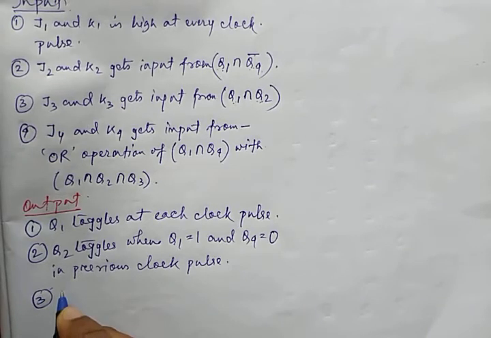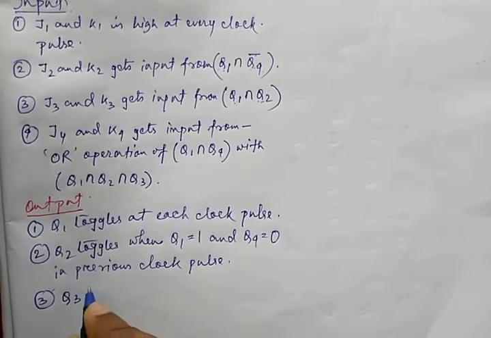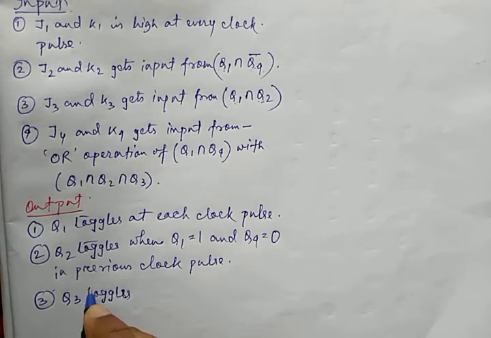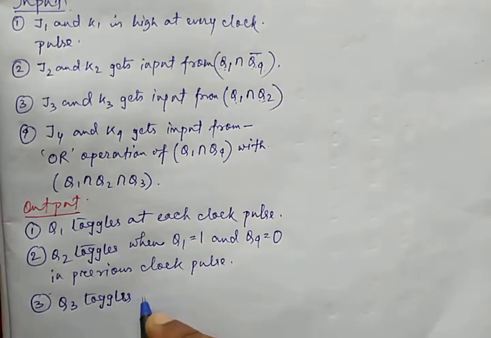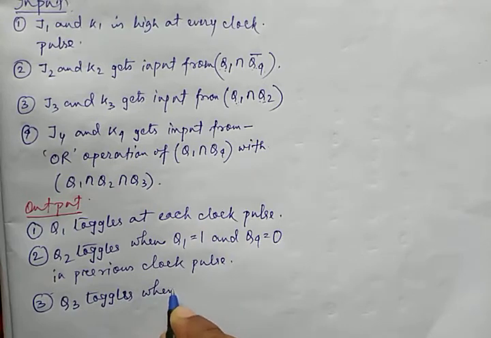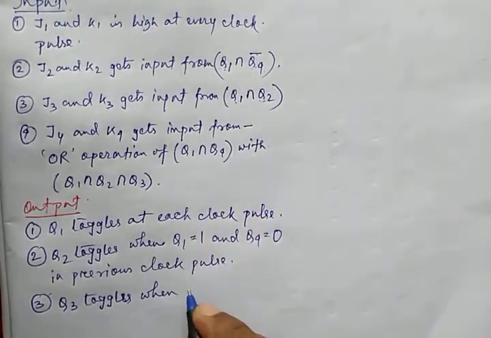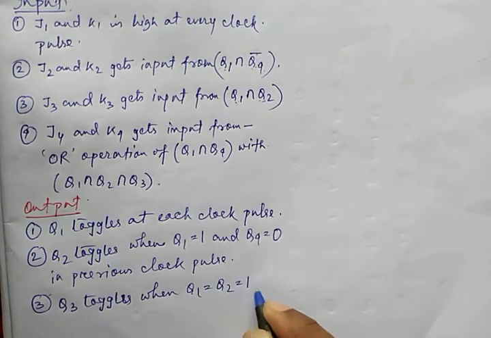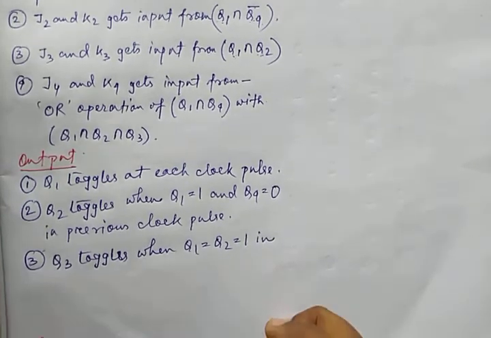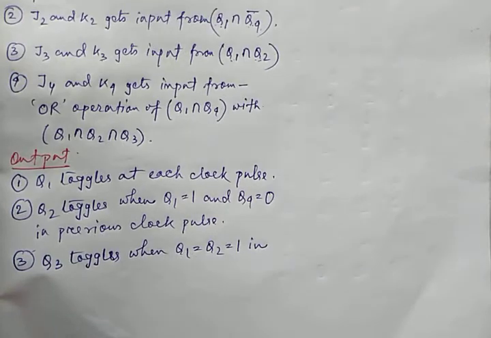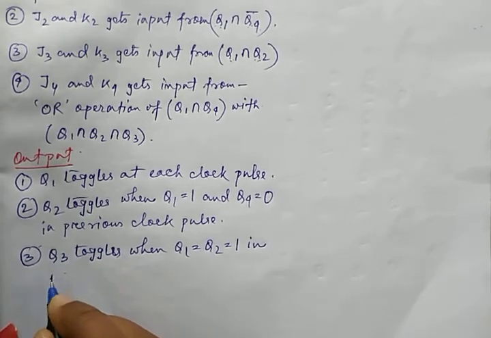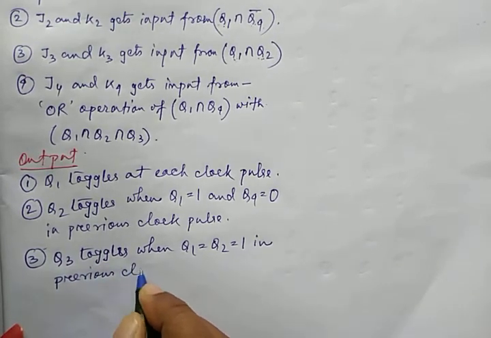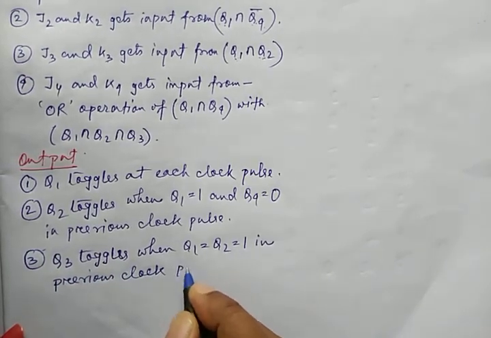So Q3 toggles when Q1 equals Q2 equals 1 in the previous clock pulse.